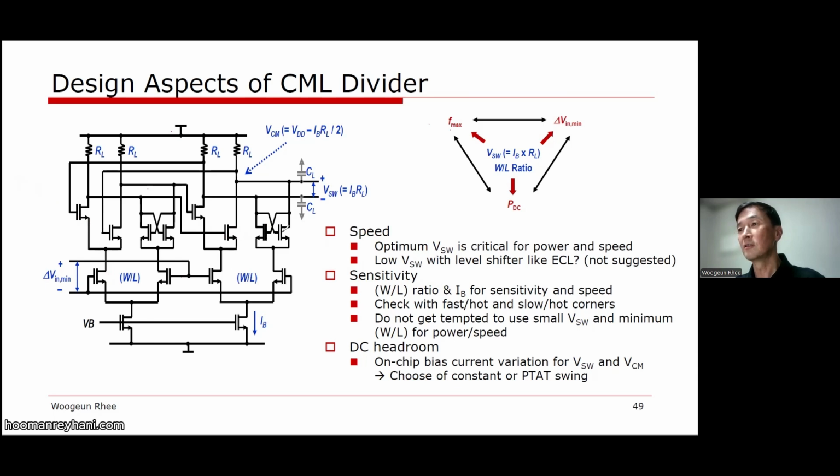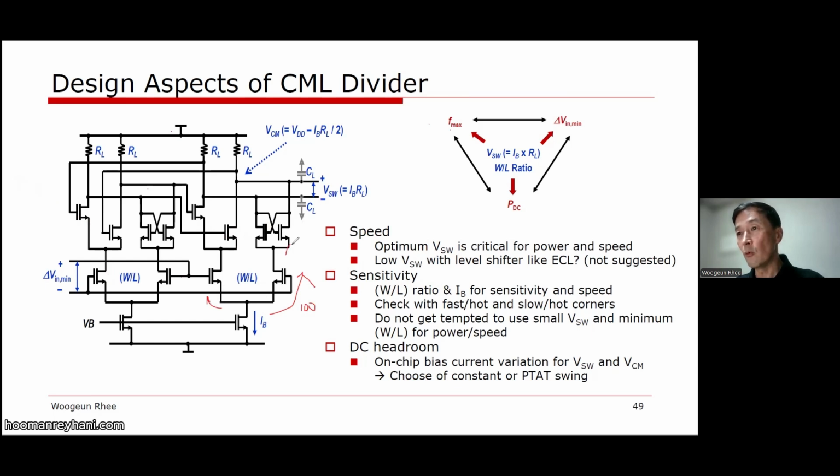Current mode logic is static logic, not dynamic logic, meaning that when we have an input state, ideally 100% of the current must go high when this is high, and 0% goes here.